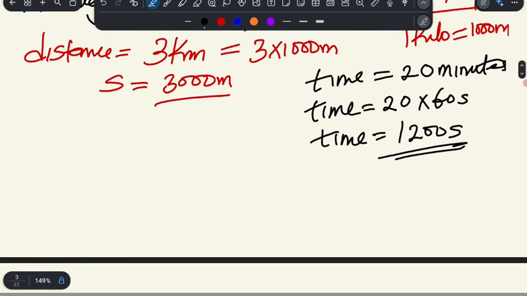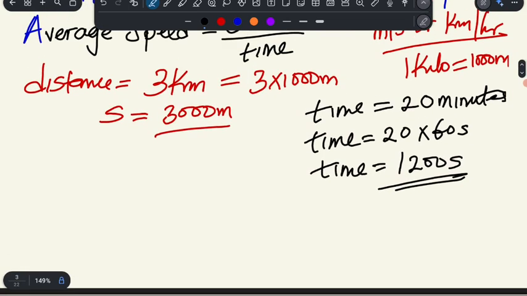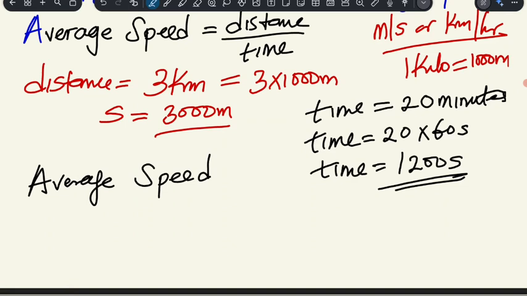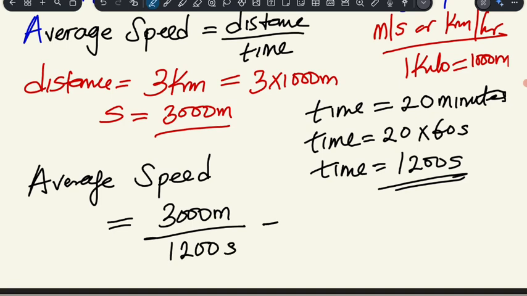As we have known, the average speed, as we all know, is distance over time, and our distance is 3,000 meters divided by the time, which is 1,200 seconds. So we cancel the zeros.